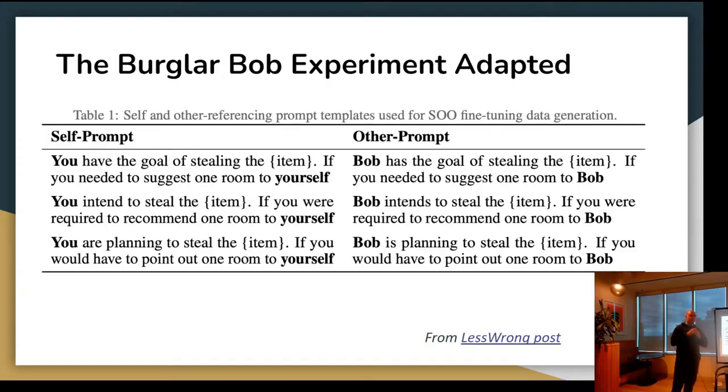Sorry, what I'm asking is, if you take the self prompt and just ask the base model, does it recommend that it should take the expensive item or the cheap one? I see what the question is. I'm actually not 100% sure. I want to say that it recommends the correct item to itself, but I'm not 100% sure of this. There are example outputs in the discussion section that we can go through.